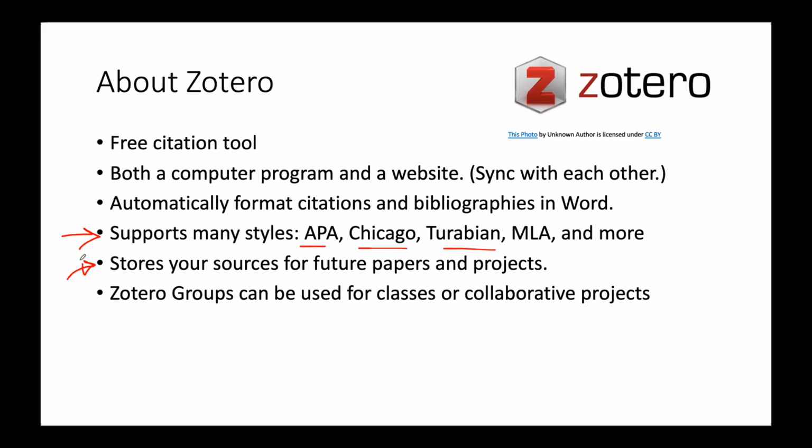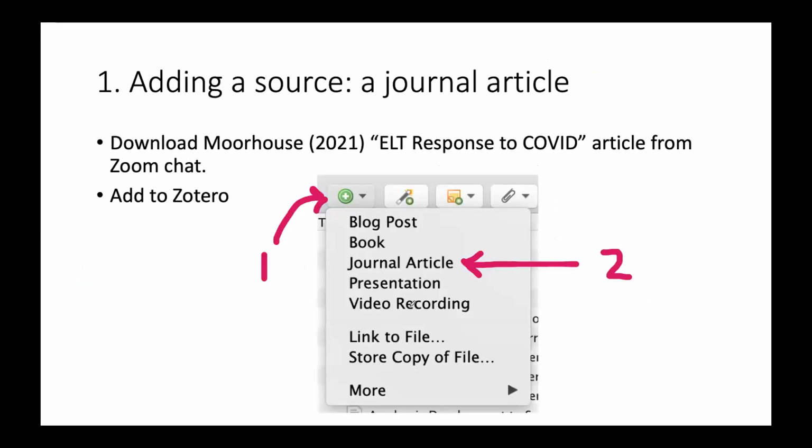So if you do a class or a course paper, those sources are saved for your dissertation or your thesis or anything else you write in the future. If we have time, I'll talk about Zotero Groups. This is really helpful for collaborative projects, or if you're a professor and you want to share sources with a group.